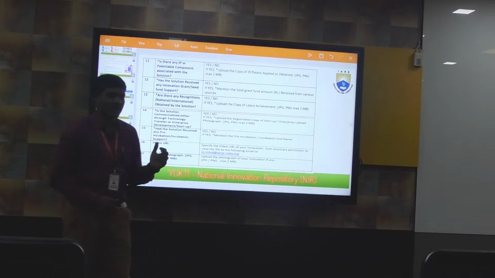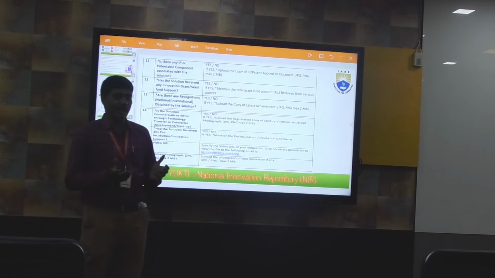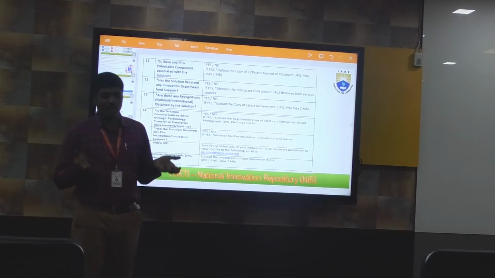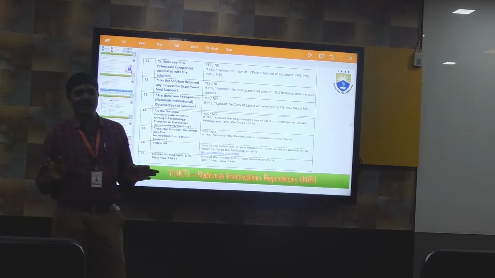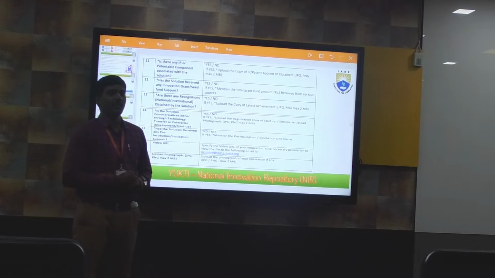And the most important thing here is the credentials of any innovator. Suppose anyone is doing an innovation, as per our knowledge there is a chance of 70 to 80% that there will be an IP element if they are really doing some innovation. But for many of the innovations we are reporting, even though there may be some IP elements, they are not able to file the IPs for those innovative ideas.